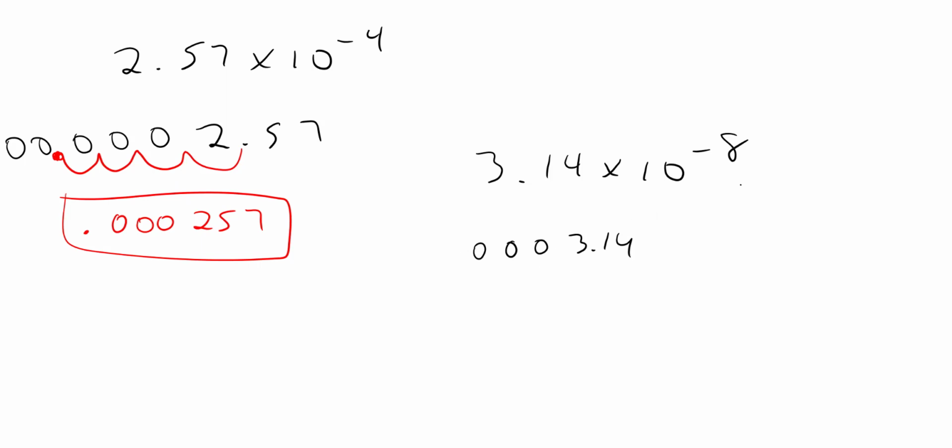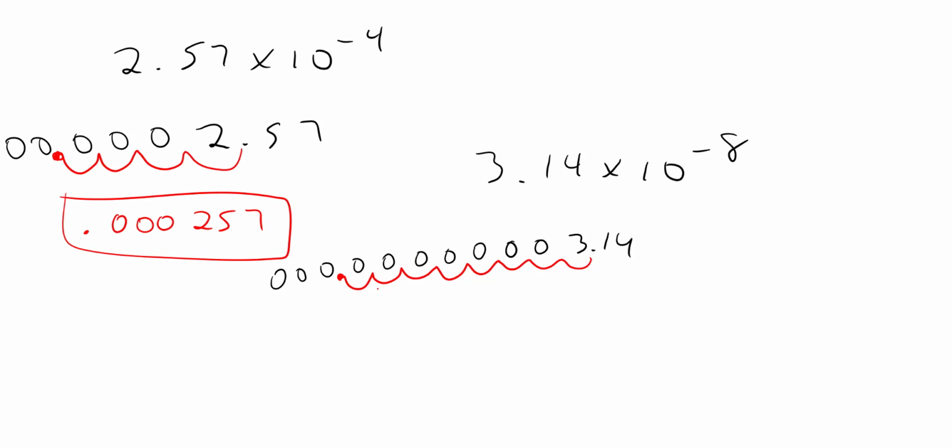I'm just going to put like 8 or 10, doesn't matter. So 1, 2, 3, 4, 5, 6, 7, 8, 9, 10, right? Whatever. Okay, so let's move things over. 1, 2, 3, 4, 5, 6, 7, 8.